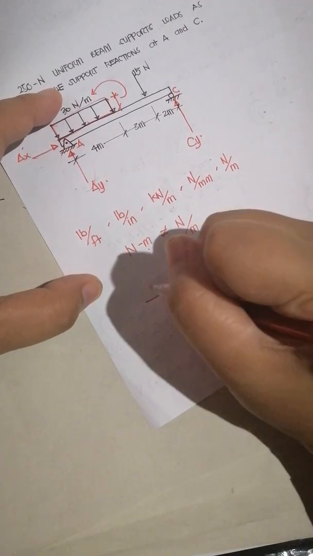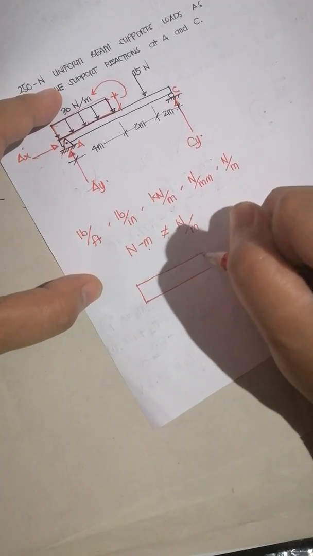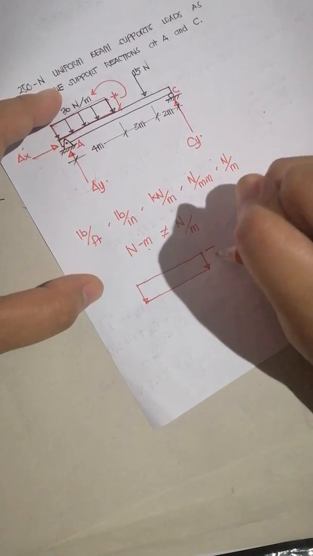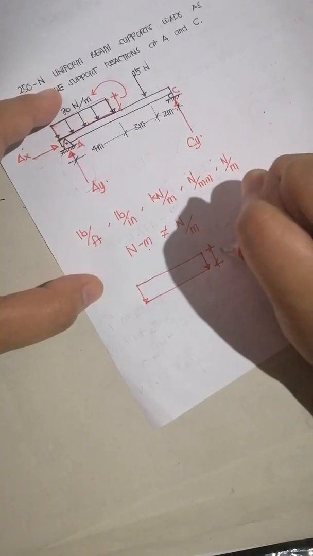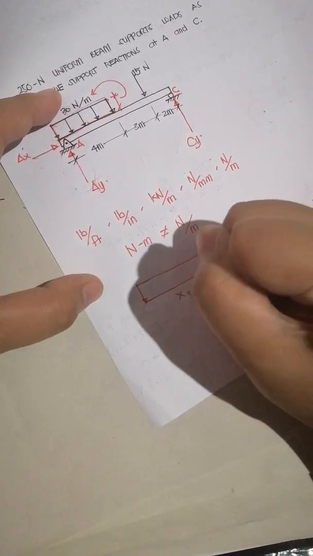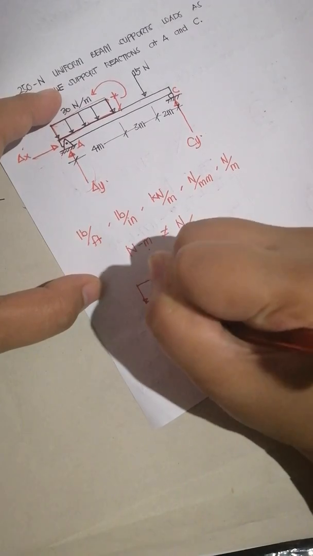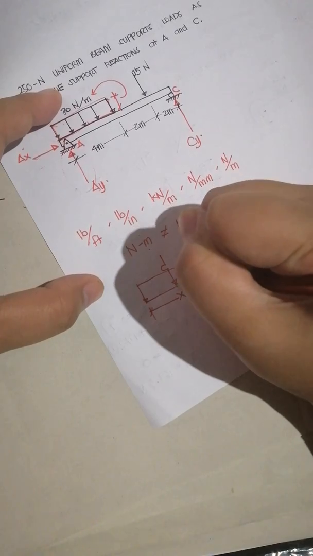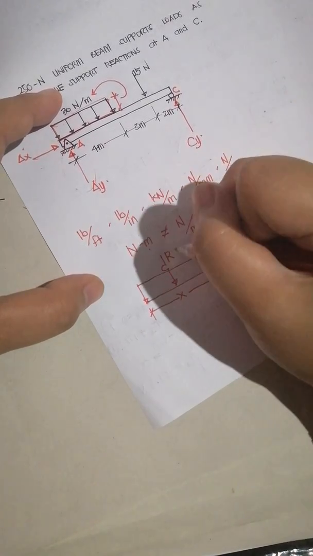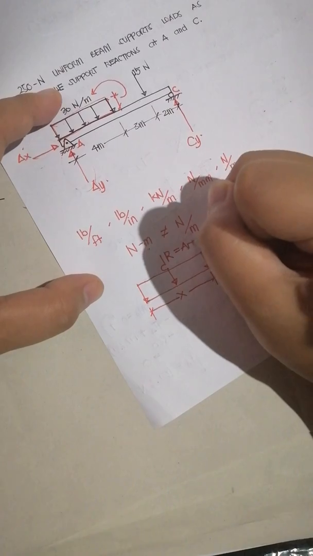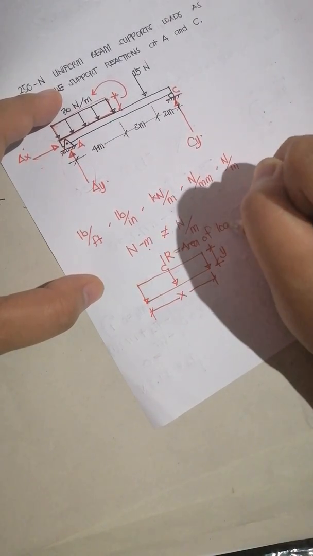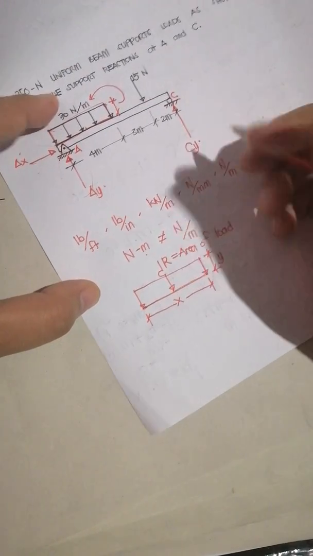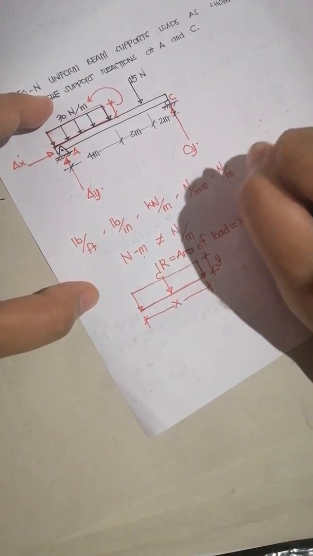If the distributed loading is rectangular, let's say the intensity is y, and the whole distribution length is x, its resultant concentrated load, say this is R, is equal to the area of the load. The area of a rectangle is base times height, so this is equal to x times y.